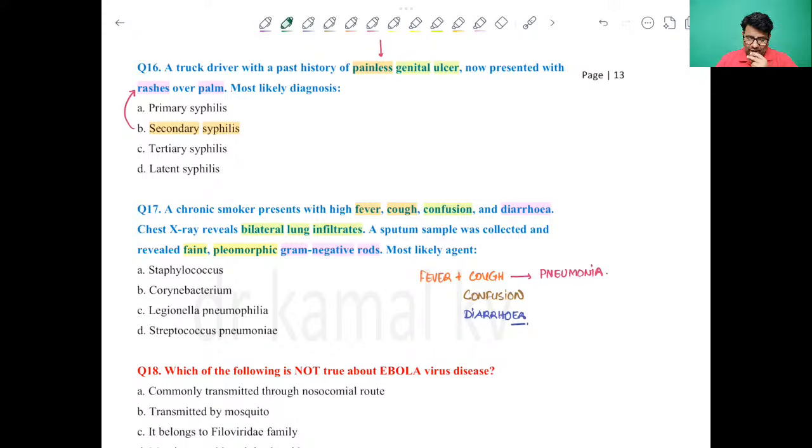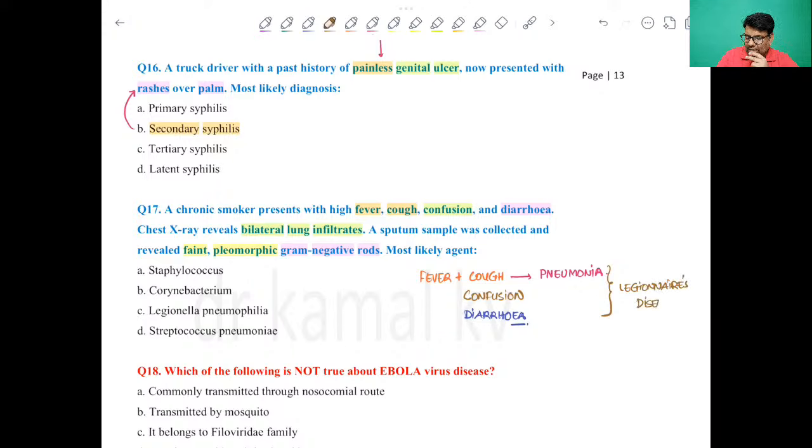They are absolutely right, Dr. Kanaya, you need a little correction. No problem. So I'll explain that. Now, pneumonia, confusion and diarrhea. The moment you have these three features, you have to think beyond pneumonia, and that is actually Legionnaire's disease. Clear?